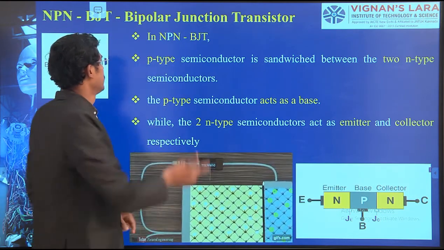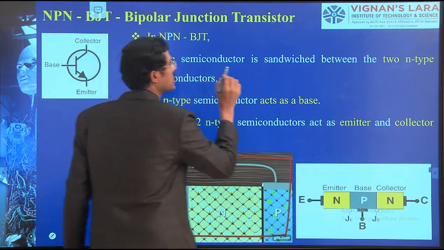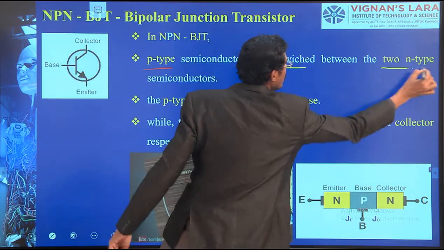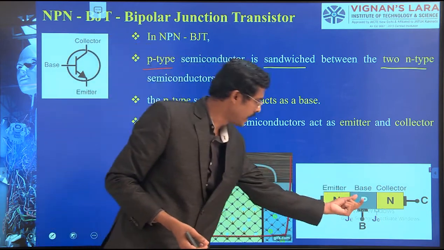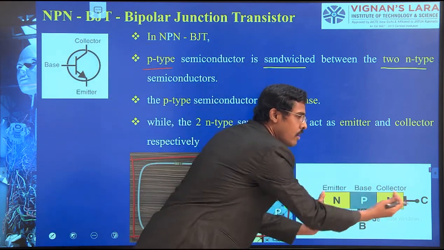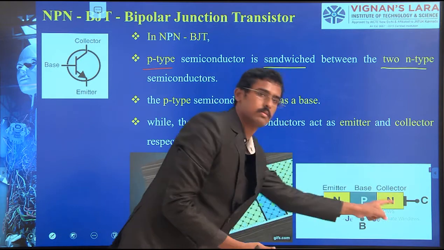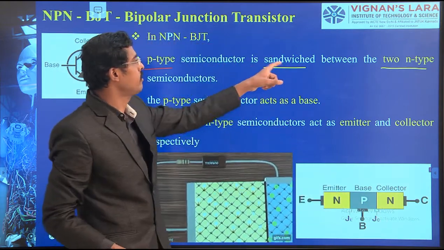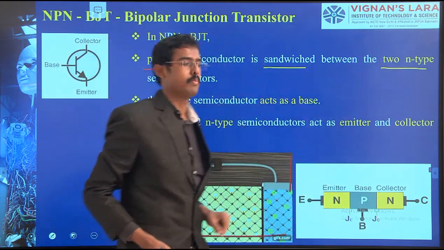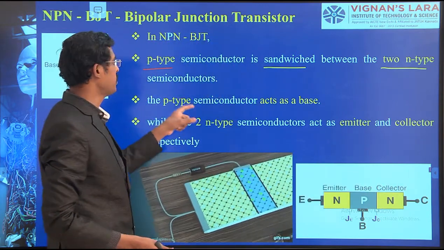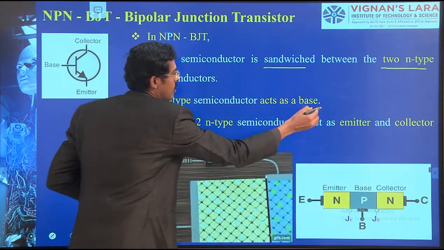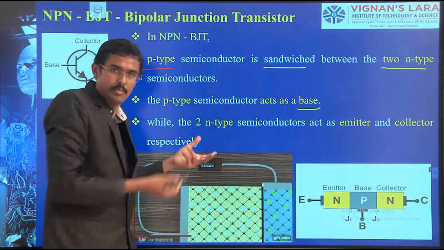Here, a p-type semiconductor is sandwiched between the two n-type. A simple thing you should understand: the p-type semiconductor is sandwiched between two n-types, one n-type, second n-type. The p-type semiconductor acts as a base. This also we know from the previous image.